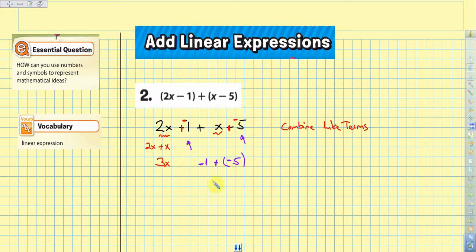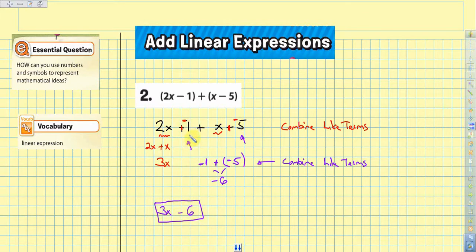That gives me a negative 6. So my answer is going to be, put your coefficients first, 3x minus 6. Now if you put plus a negative 6, that works too if you wanted to add the opposite, but this is in simplest form. And again, right here we are combining like terms. And then we show our answer in simplest form.